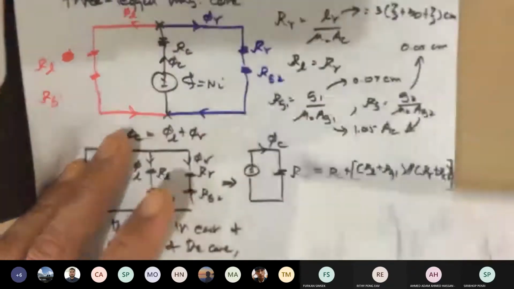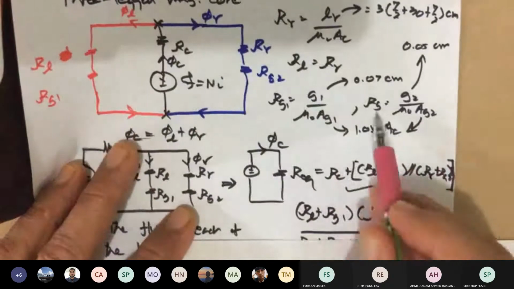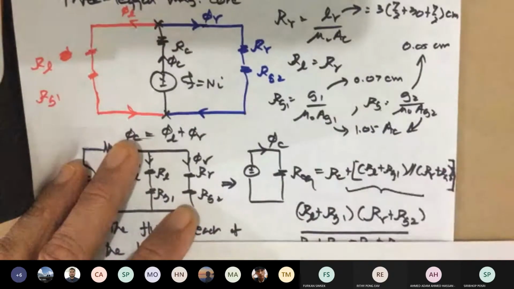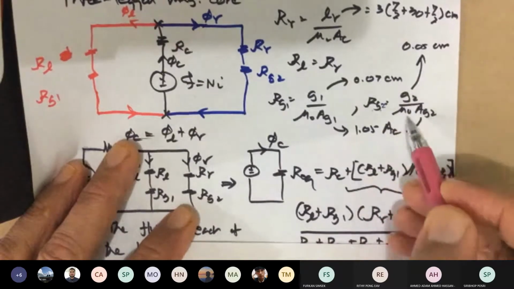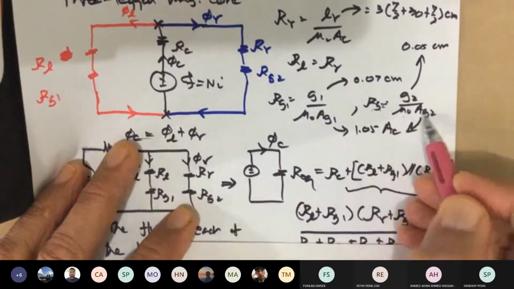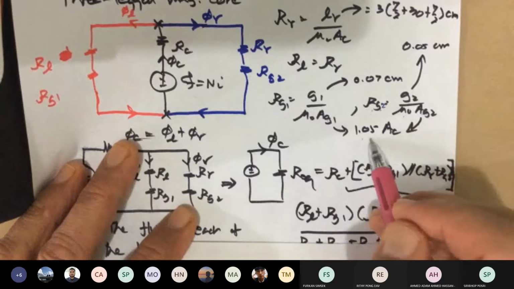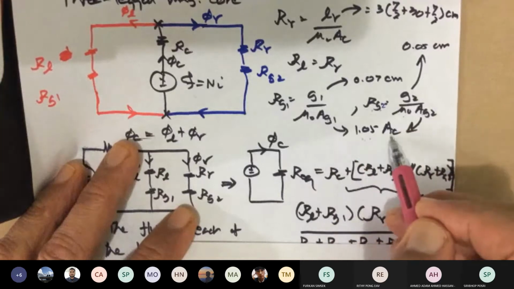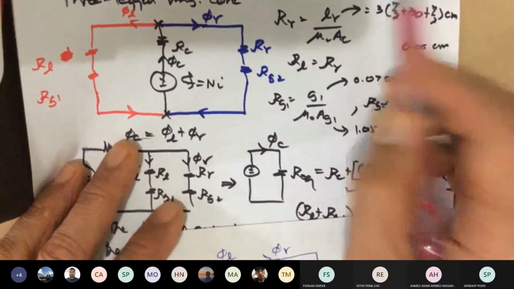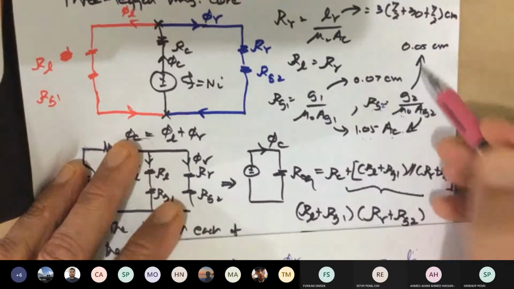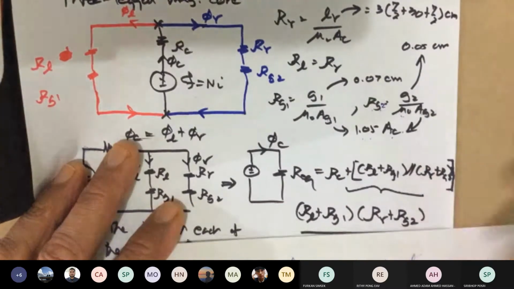See, that's why your RG2, oh, put that there. I missed that in the note. You need a G2 here, divided by mu naught AG2. AG2 is the same as AG1, which is 1.05 times AC. We know AC from the first calculation of the center leg. You know G2, you know mu naught, you know AG2.